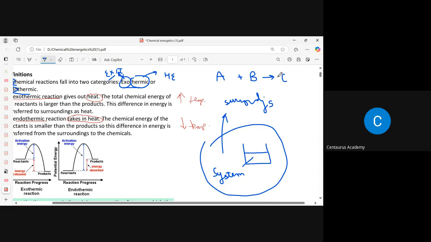There is a likely possibility that when two different reactants collide with each other, they are unable to form this new product C.